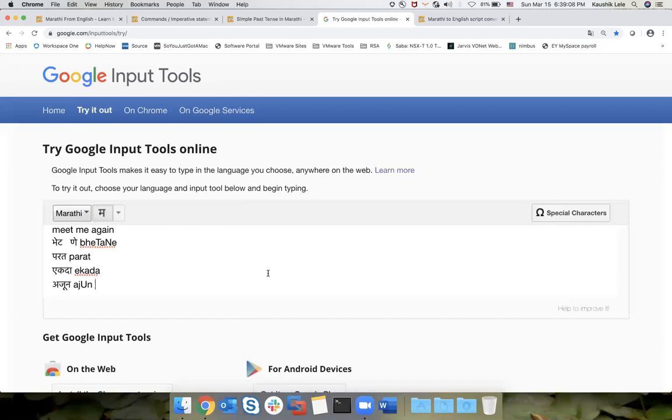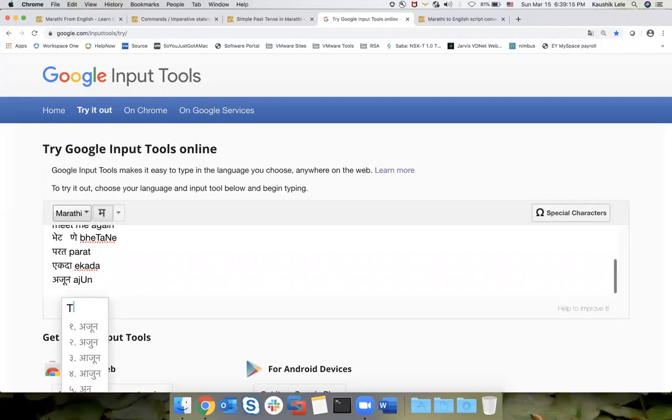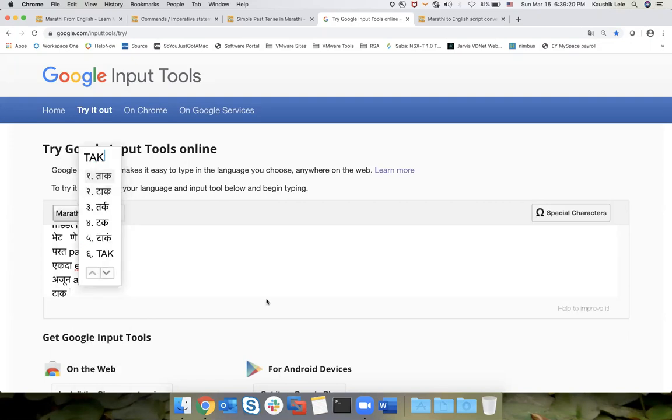Takla will be past tense, right? Tak means to put. So if you are going to the market and you want to say put more vegetables, you will say ajun taka, or you will say simply give more, ajun dya. So why do we use dya?